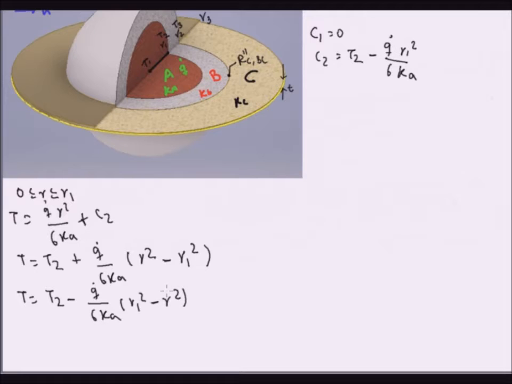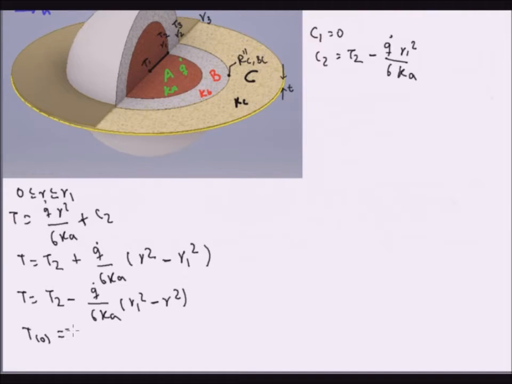Okay, so now we are almost done with the problem. To evaluate the temperature at T1, we must evaluate this temperature profile when the radius is 0 at the center. So when the radius is 0, this last term here goes to 0.